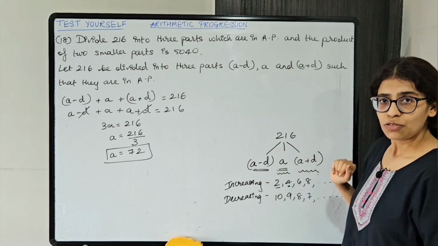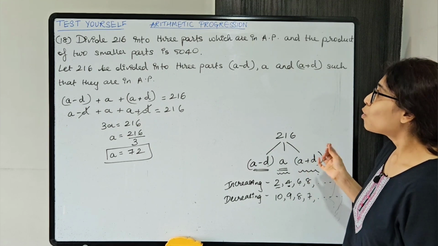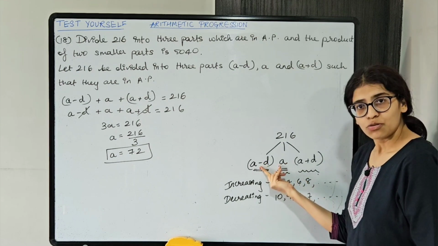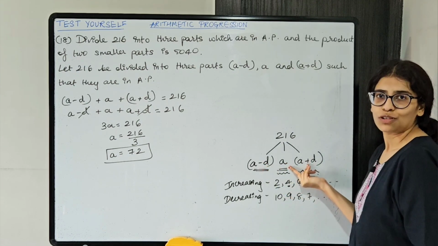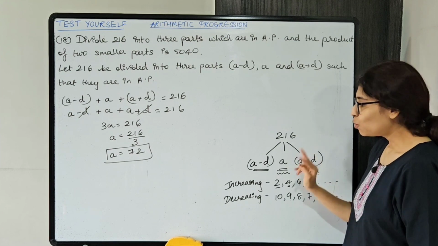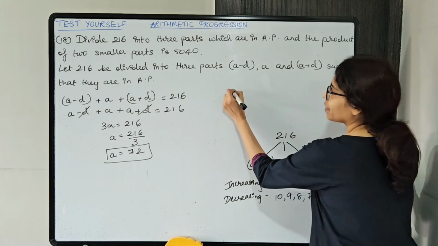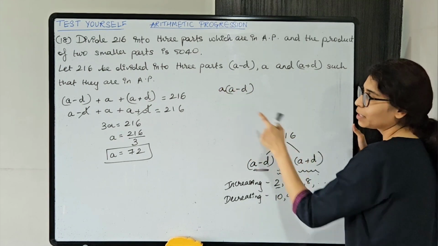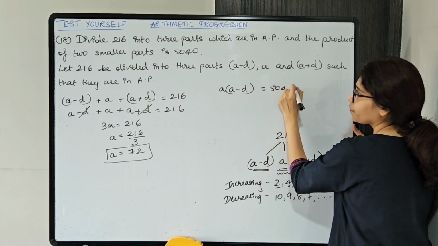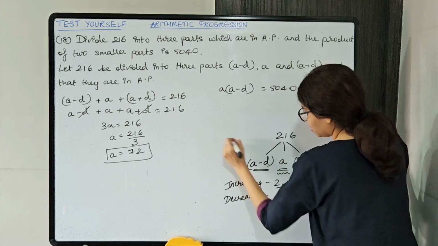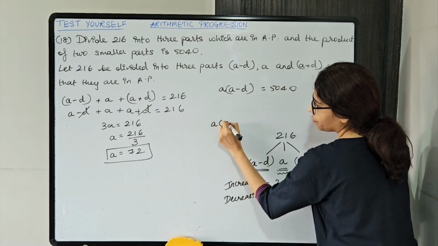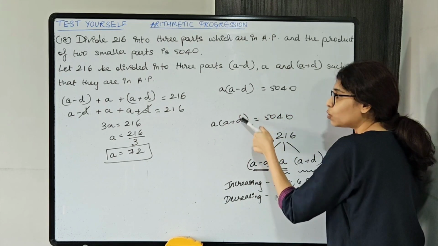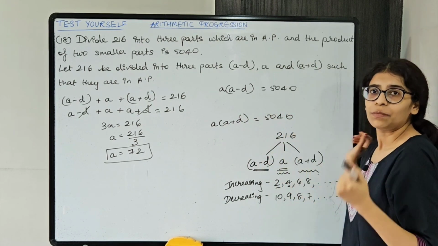तो जो यहाँ पे condition दिया है that is the product of 2 smaller parts is 5040. So 2 smaller parts can be these two also, 2 smaller parts can be these two also. ओके, सो दोनों का प्रोडक्ट कंसिडर करना है, दैट इज a minus d into a. Okay, product is 5040. Other possibility is a into a plus d is 5040. दोनों कंसिडर करेंगे. लेट्स सी व्हाट APs we are getting.